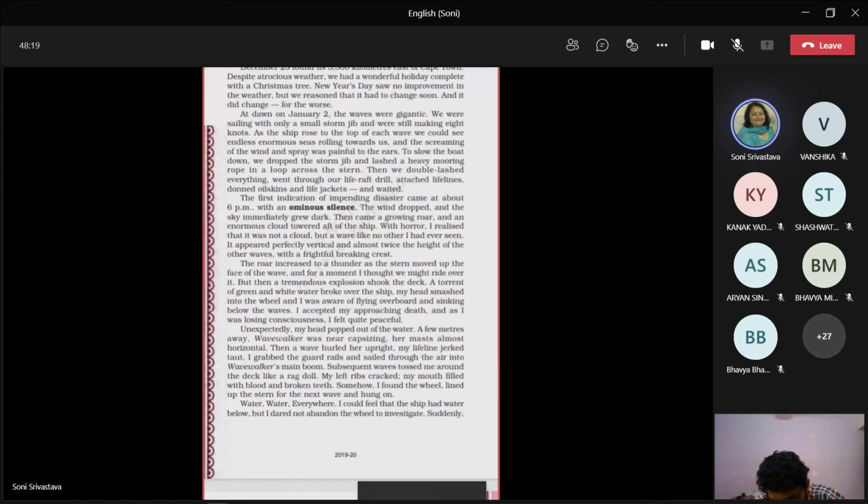Now they are clinging onto it. Subsequent waves tossed me around the deck like a rag doll. Rag doll means it's like made of all kinds of waste. My left rib cracked, my mouth filled with blood and broken teeth. Somehow I found the wheel, lined up the stern for the next wave, and hung on.